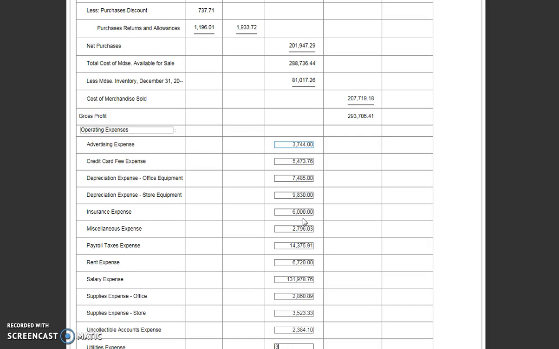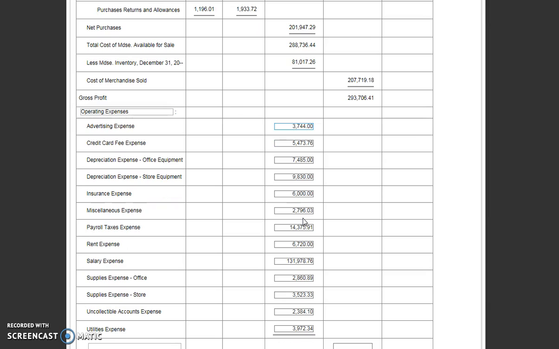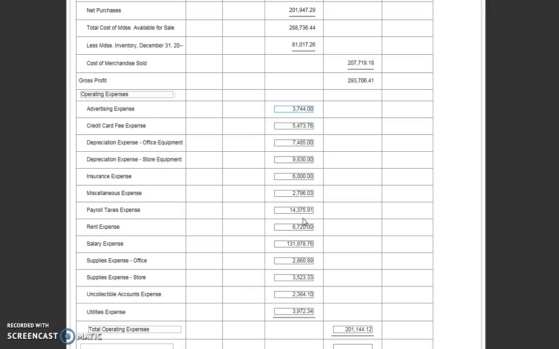Nope. 3972. Okay, we're going to add all those up. Total operating expenses. You guys are going to trust me on this one. Okay, that's all of those expenses added up.